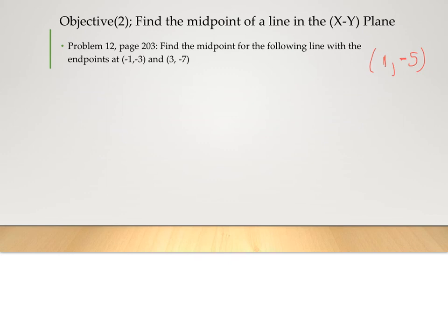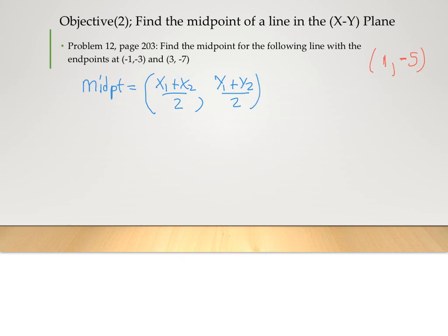So we're going to write the midpoint formula down. So midpoint, and we have x1 plus x2 divided by 2. That's the first position of our midpoint. And our second position of the midpoint is y1 plus y2 divided by 2.